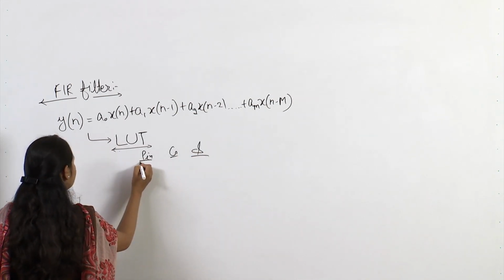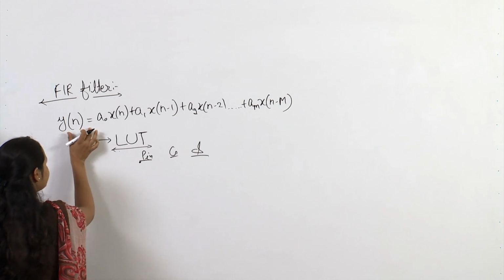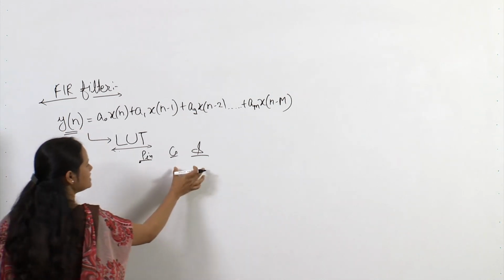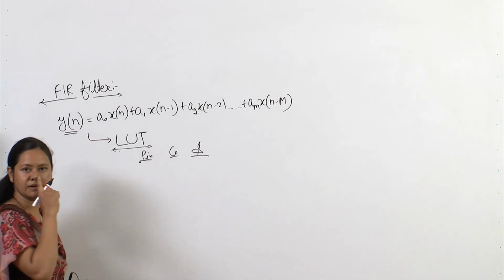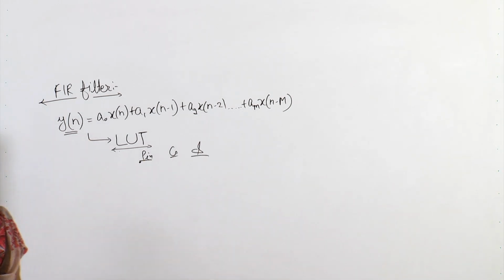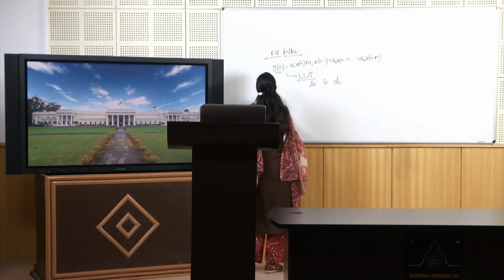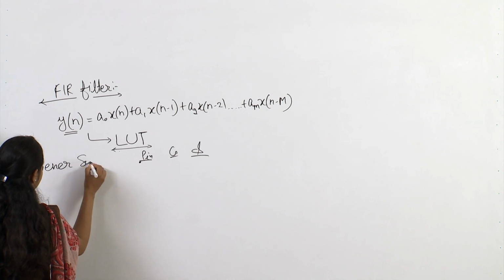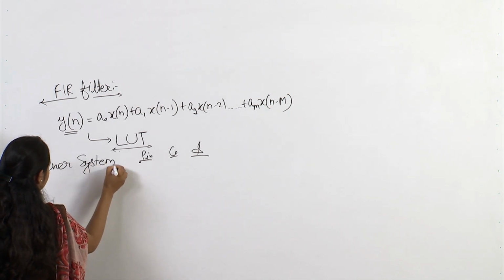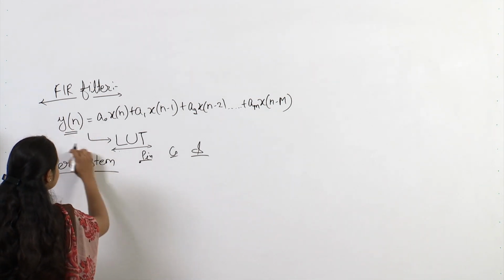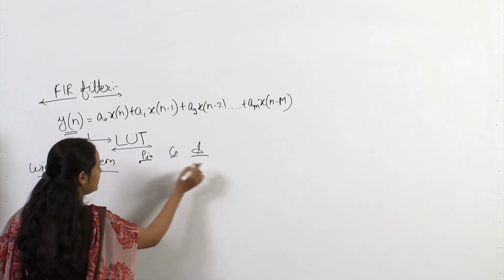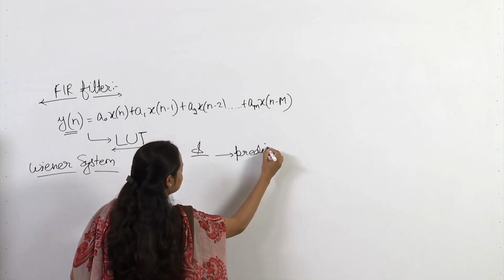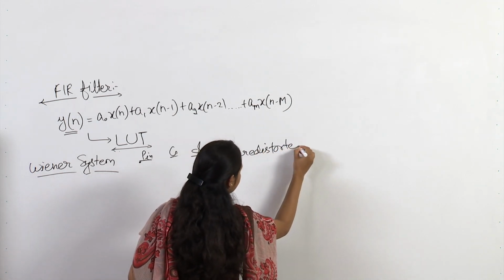Now, that Pin is being read by using this output from the FIR filter, and accordingly gain and phase is being applied to your digital predistortion system. So, it was the Wiener system: first FIR and its output into the LUT, and the LUT output will be the predistorted signal.